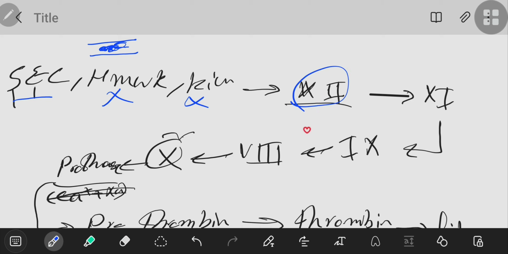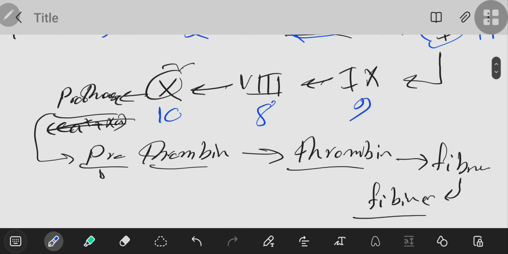So factor number 12 leads to factor number 11. By these numbers, 12, and then 9, and then 8, and then 10. Once it becomes 10, it will lead to activation of the enzyme called prothrombinase enzyme.